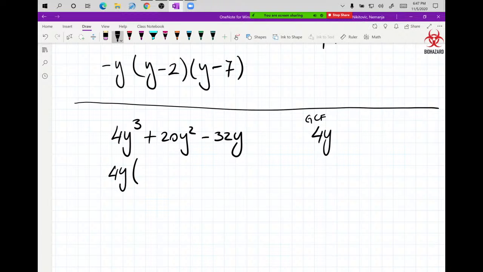What are the leftovers when I pull out 4y? Oh, you get y squared plus 5y minus 8.